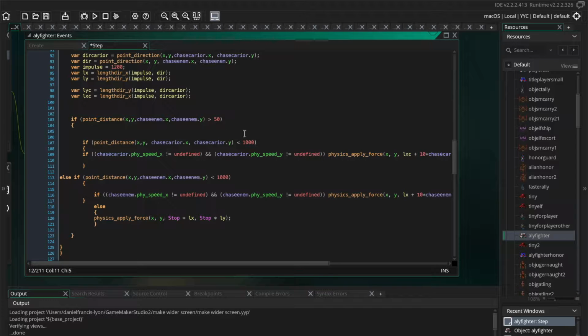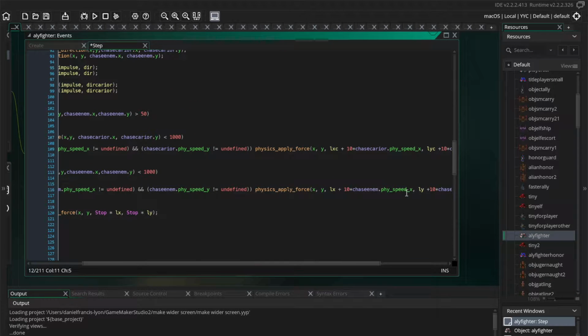So anyway, basically if the enemy mothership is within 1,000, you fly towards where the enemy mothership is going. If the enemy mothership is not within 1,000, then check to see if there's any enemy within 1,000, and then same thing, fly towards where that nearest enemy is, not just where it is, but accounting for where it's going. Again, this accounts for the enemy speed.